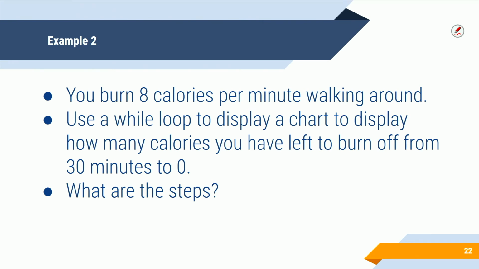All right, however, we do want our calories to decrease. And so if we think about the question, it says you burn 8 calories per minute walking around. So we have to think about, well, wait a minute, how do we decrease calories at the same time? So to decrease calories at the same time, we can say something like calories equal calories minus 8.